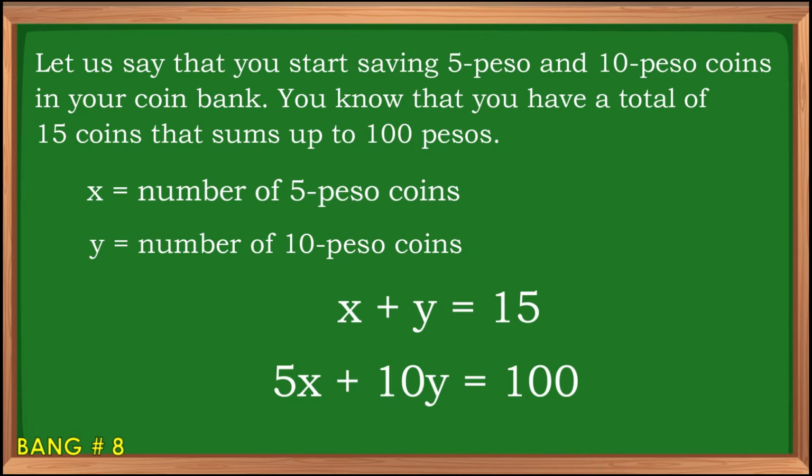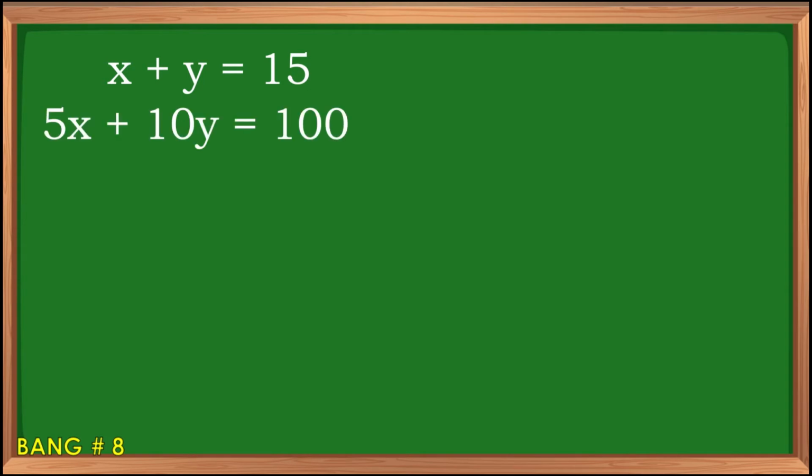In this case, we have two equations to answer the question, how many 5 peso and 10 peso coins are in your alakansya? Now, let us solve it. The system of equations consists of x plus y is equal to 15 and 5x plus 10y is equal to 100.